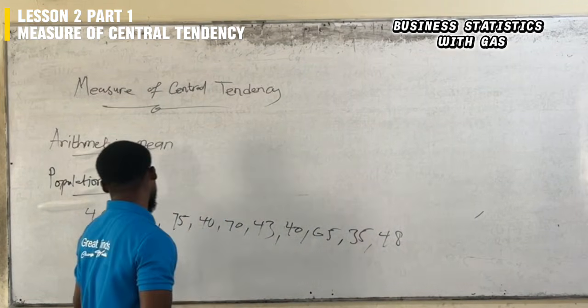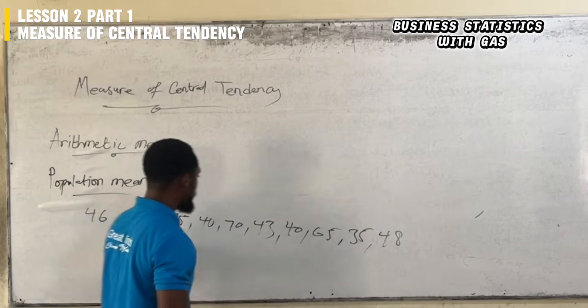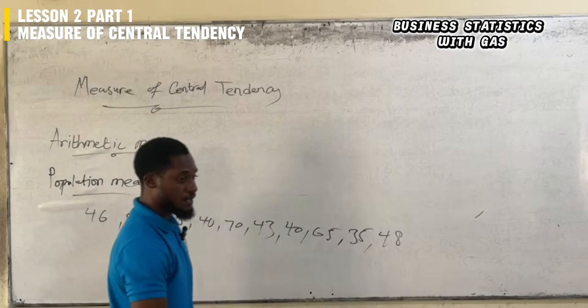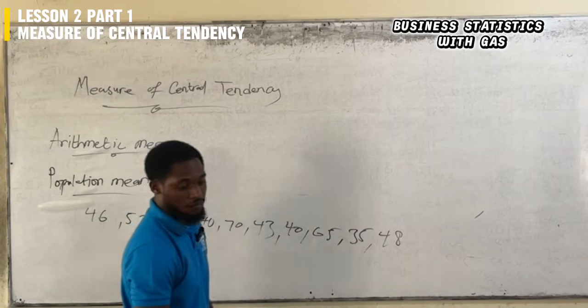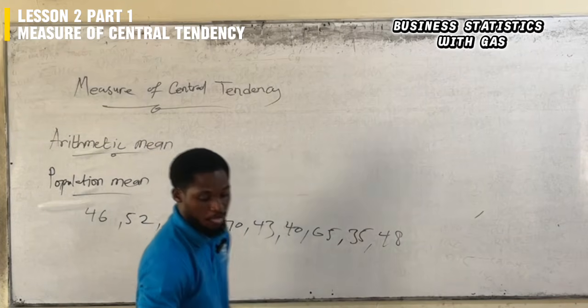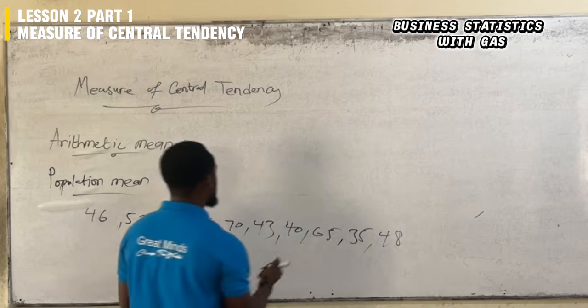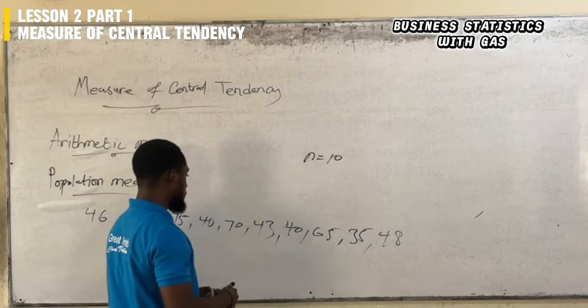So the arithmetic mean of these marks is going to be the addition of all these marks divided by the number of students. So we are going to do our calculation here. The number of students are 10.